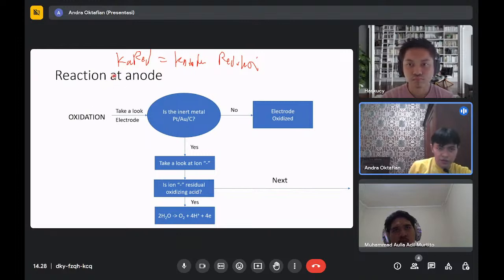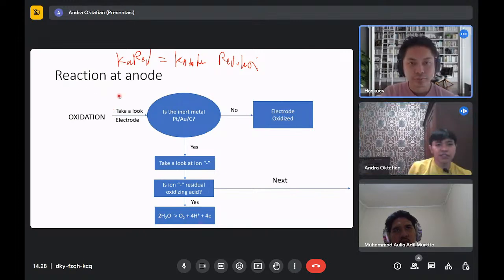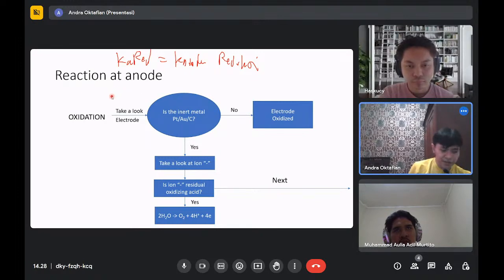When it comes to the cathode, it's always reduction, and when it comes to the anode, it's always oxidation. So we are going to talk about the reactions at the anode first, and then the cathode. Next we see oxidation.